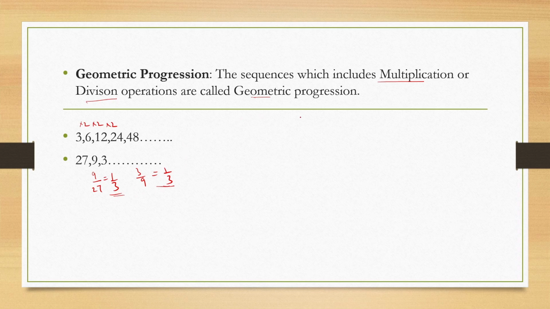If I want to find the next term in this pattern, the formula is Tn equal to a r to the power n minus 1. a is the first term, r is the ratio.